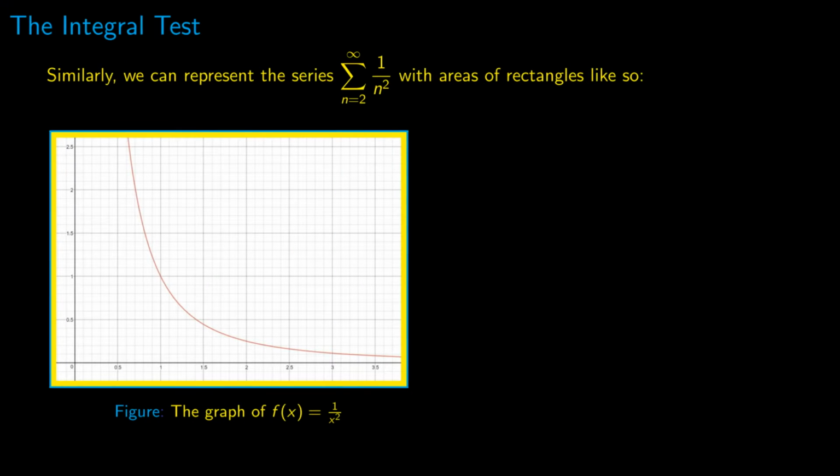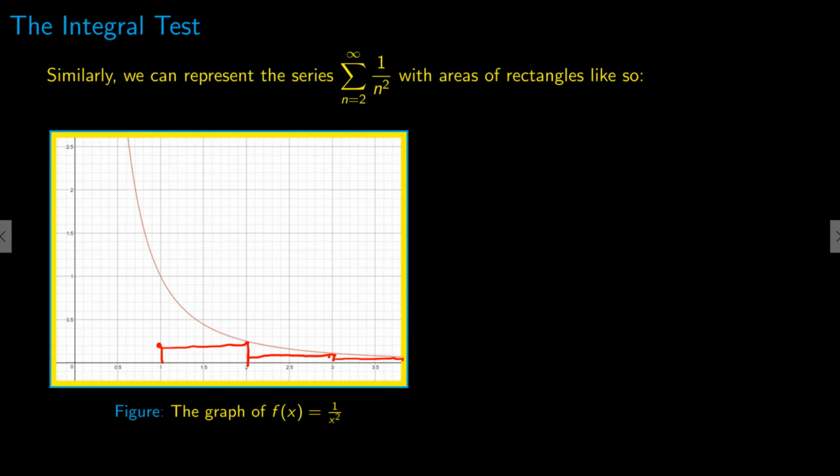And similarly, we can do this with the series n equals 2 to infinity of 1 over n squared, and the associated function would be 1 over x squared this time. And if we write in our rectangles, we would have over here at 2, going back to 1, this rectangle, and then from 3, 1 there, and 1 in here, and so on.